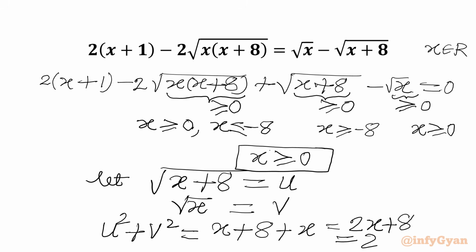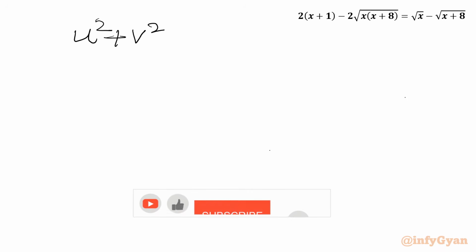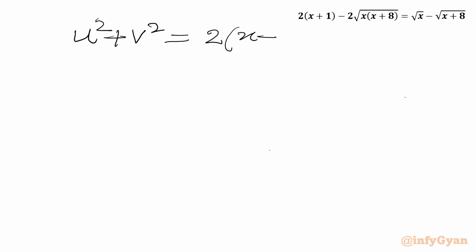We will write u square plus v square equal to 2x plus 2 plus 6. So I can write u square plus v square equal to 2 times (x plus 1) plus 6.